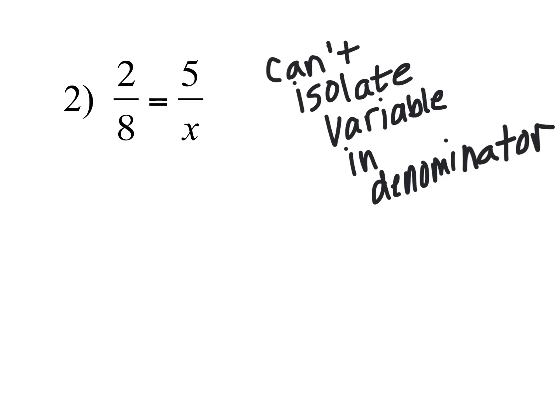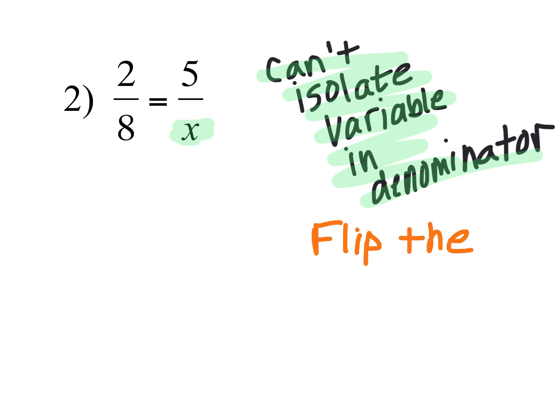Okay, so here in example number 2, remember from class that we said you can't isolate the variable as long as it's in the denominator. So a pretty cool trick that you can do is actually the easiest thing. You could multiply both sides by x, but a clever student in our class yesterday actually brought up another idea that is even easier, actually, is flip the entire proportion.